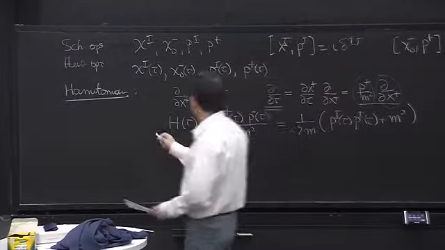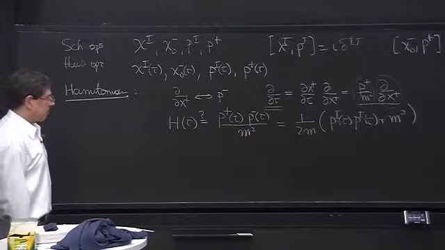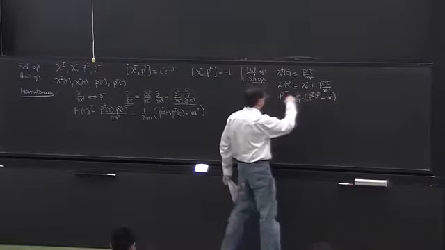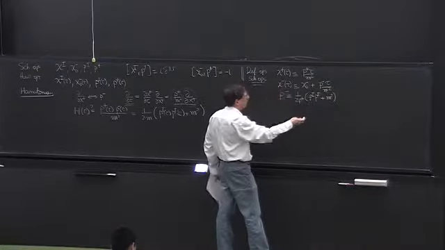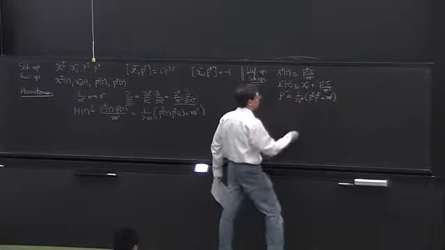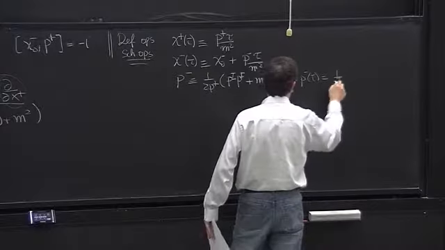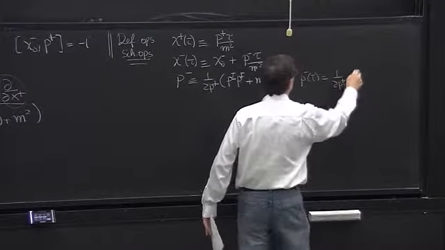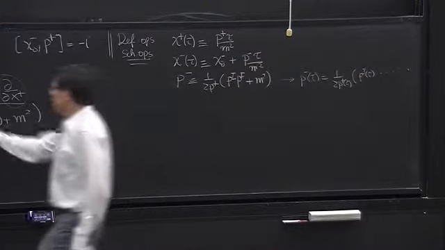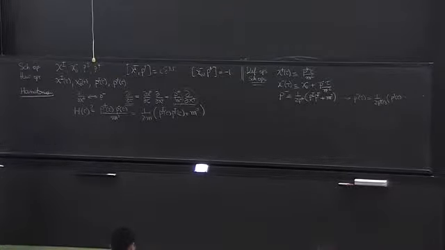We're doing Heisenberg Hamiltonians. Whenever you have a product of Schrödinger operators, the Heisenberg operator is the product of the corresponding Heisenberg operators. So from here you would have that p minus of tau is equal to 1 over 2p plus of tau times pi of tau squared plus m squared. So here is our guess, and let's see if it does anything right.